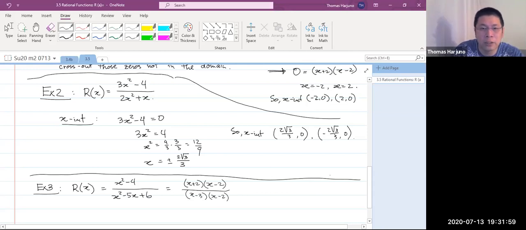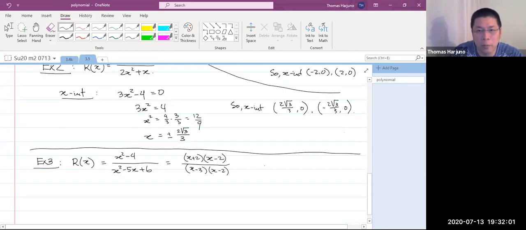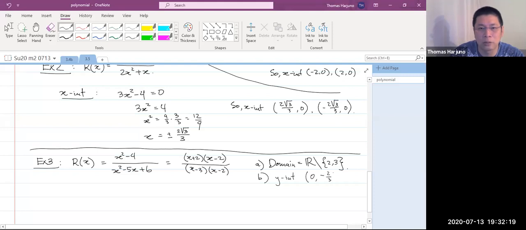So from here you see that first the domain is all real numbers except 3 and 2. Part B, the y-intercept is (0, negative 2/3), right? You plug this in, negative 4 over 6, and then you reduce.